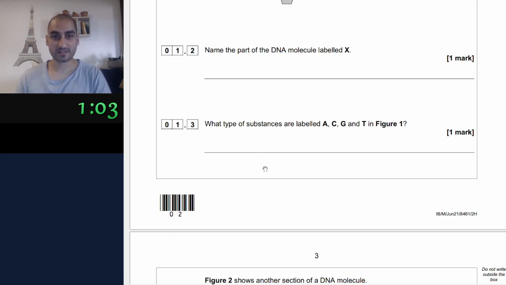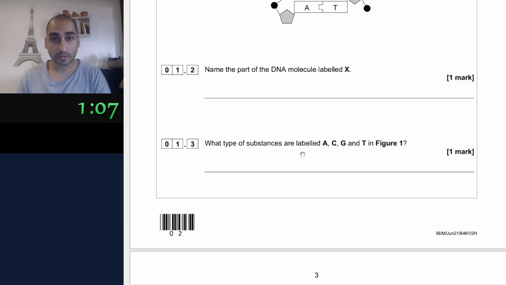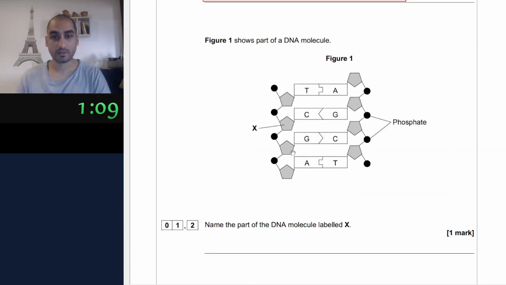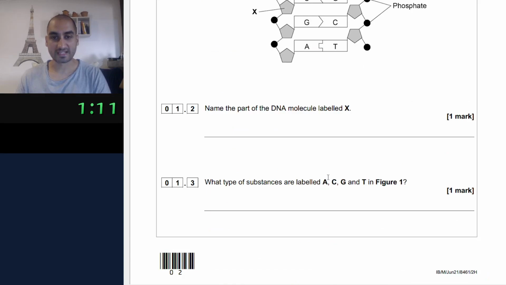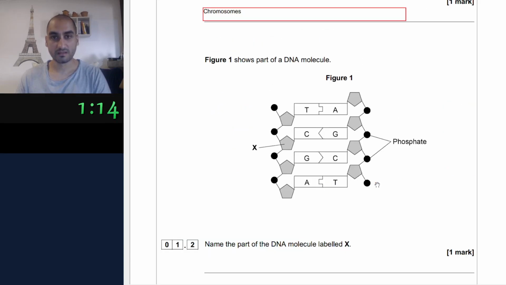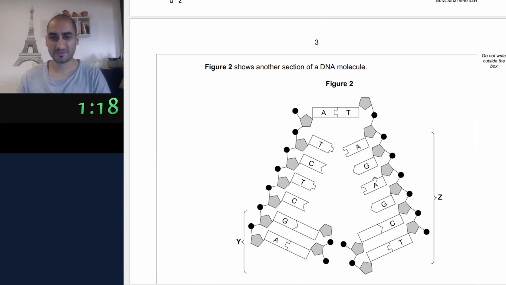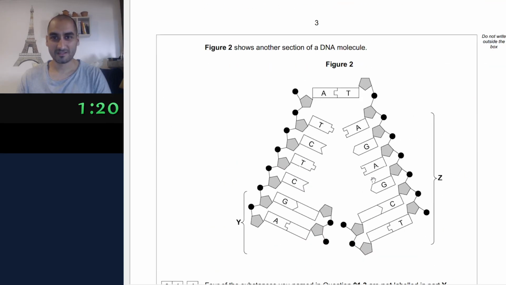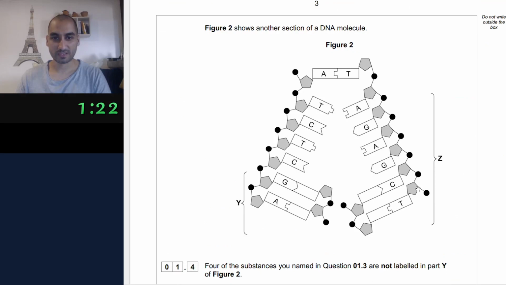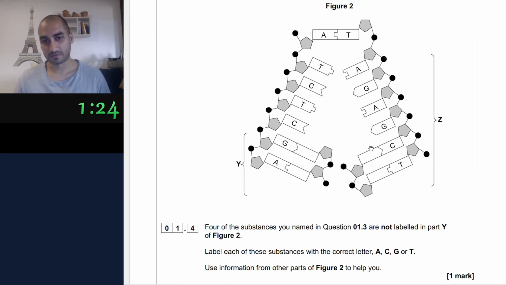What type of substances are labeled A, C, G, and T? Type of substances. What do you mean type? I know they stand for, like, adenosine or something. Type? I don't know. I don't even remember. I mean, I remember learning about DNA, but this is a bit more in depth than I remember.